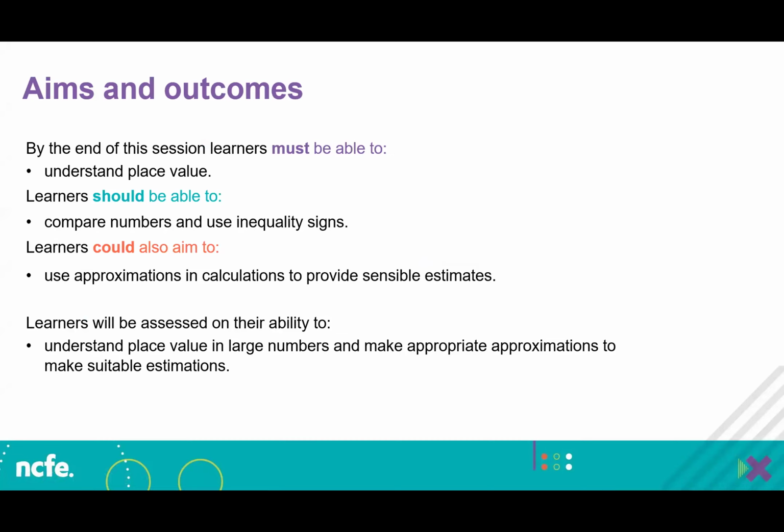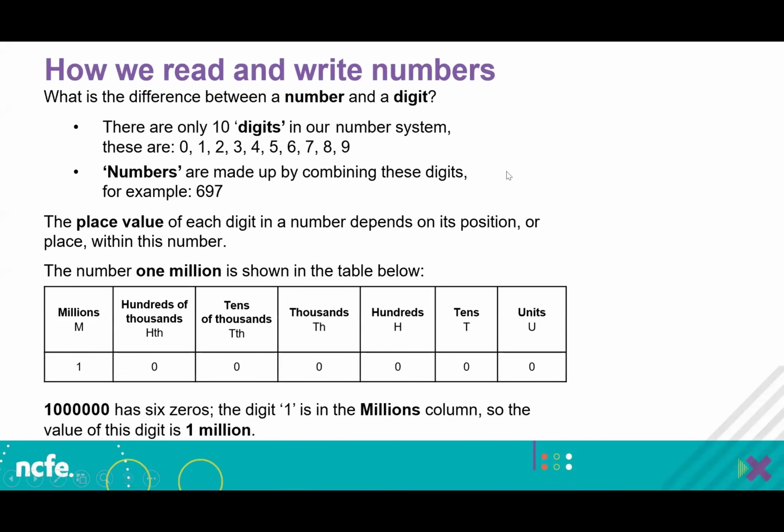Learners could also aim to use approximation in calculations to provide sensible estimates. And learners will be assessed on their ability to understand place value in large numbers and make appropriate approximations to make suitable estimations.